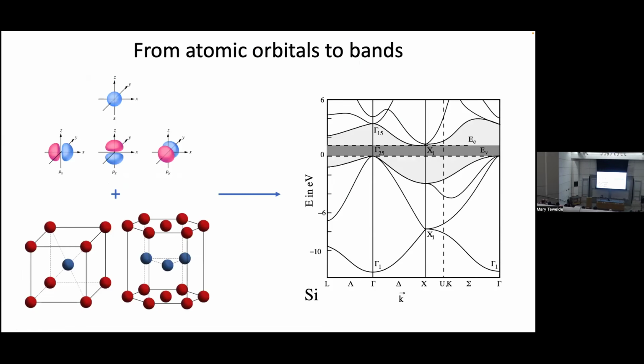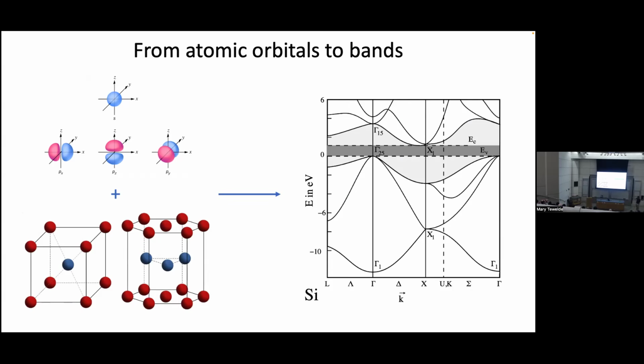So I wanted to just start with a very simple view. That is, solid state physics really doesn't consist of much more than saying, hey, take some atoms that we know and love. Of course, those atoms have electrons that live in atomic orbitals, s orbitals, p orbitals, and so forth. And we learn in undergrad or possibly grad school that basically all you have to do is think about how these different orbitals hybridize together, depending on the details of how the atoms are arranged, what sort of lattice you get.